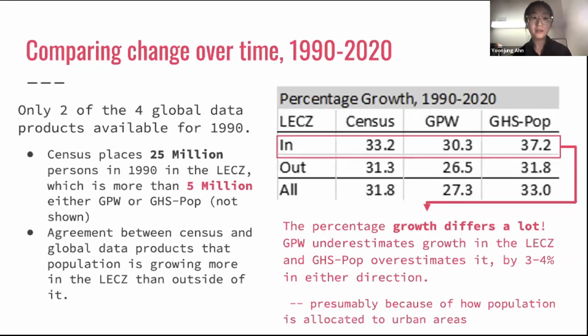And we found that census placed 25 million people in the LECZ in 1990, which was more than 5 million higher than either GPW or GHS-POP. And as you can see from the table, they agree on the growth rate, both from census data and global products. However, the percentage of growth differs by 3 or 4%.